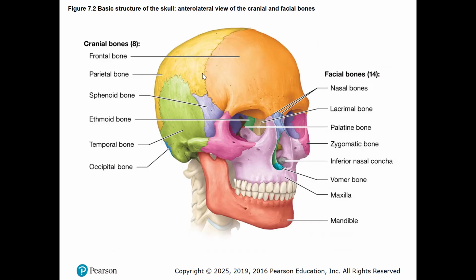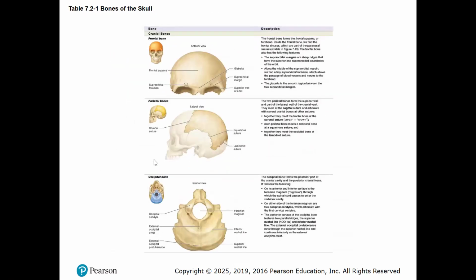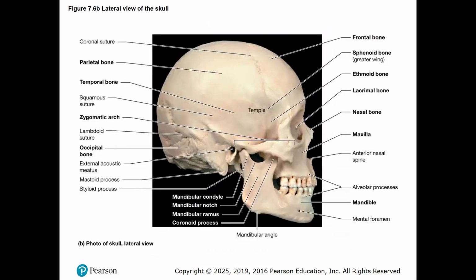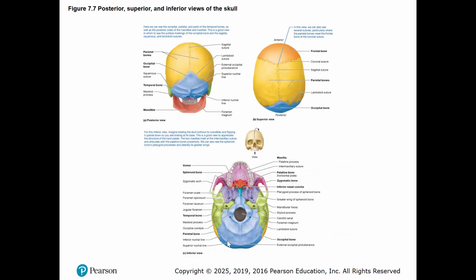It's hard to see the occipital bone here, kind of in blue. Let me see if I can find an inferior view here. Yeah, right here. You see your occipital bone here in blue.